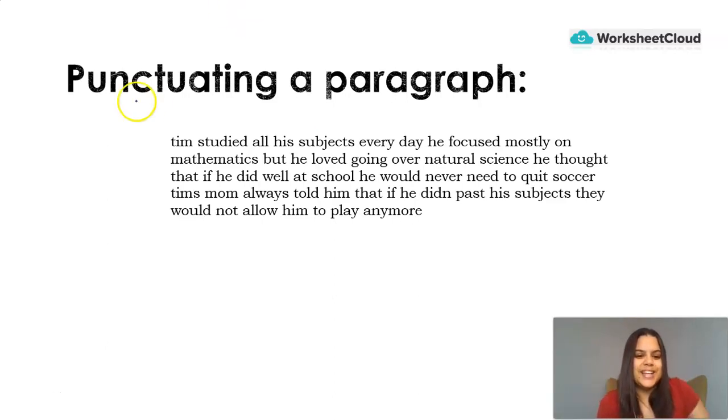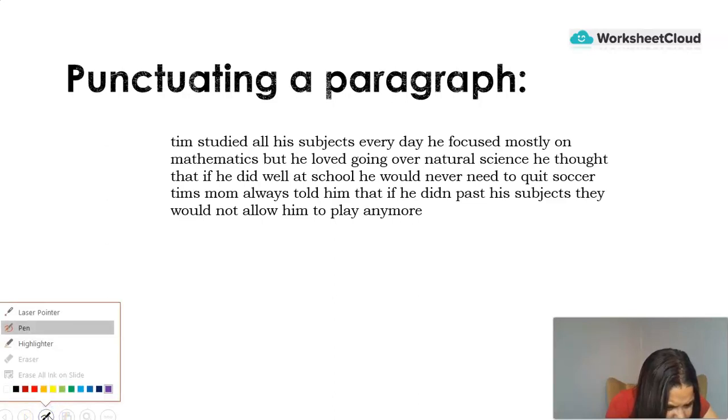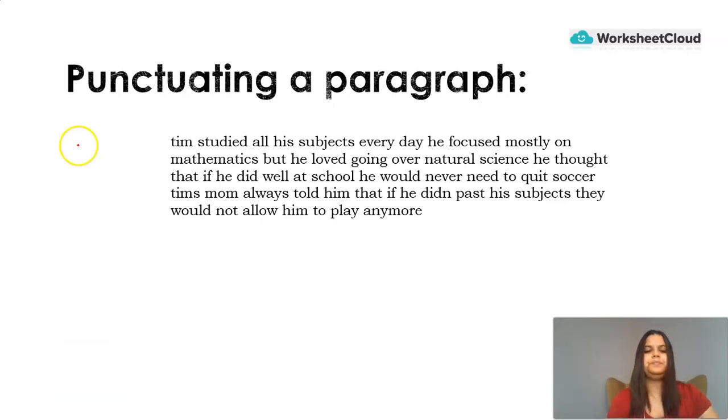So let's just look at our sentence, okay? And I'm going to use red as my color, because you know how much our teachers love red when we're marking things. Okay, let's use red and let's begin. So first thing, let's focus on the very beginning before we go on.